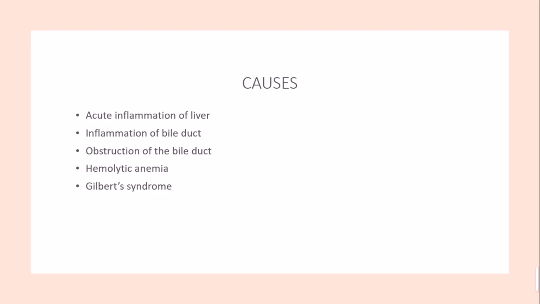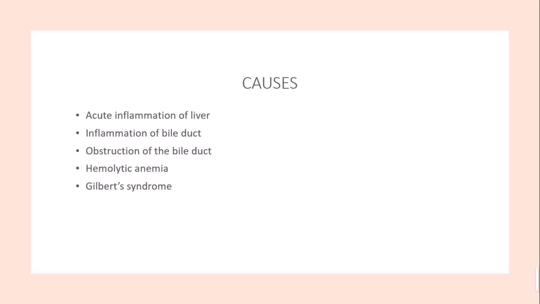Then hemolytic anemia. If the person has hemolytic anemia, the red blood cells of the blood will be breaking down. The word lytic means breakdown, and hemo indicates blood.